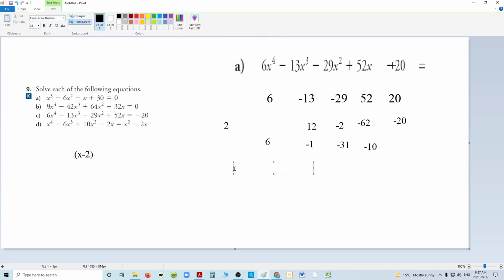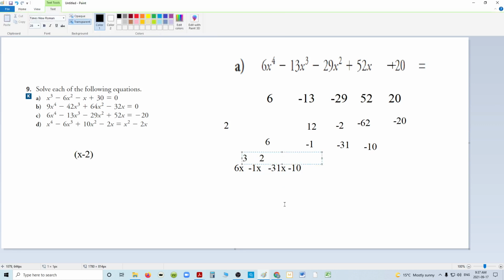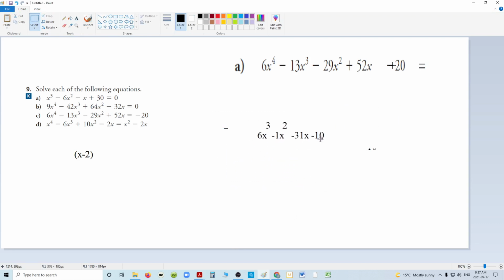And I'm left with 6x cubed minus 1 minus 31x squared here, x there, and minus 10 there. So those are my new what's left. And you start with those as the coefficients you're going to deal with.